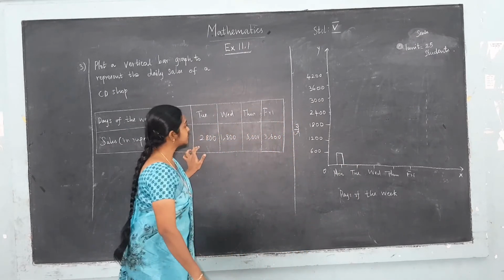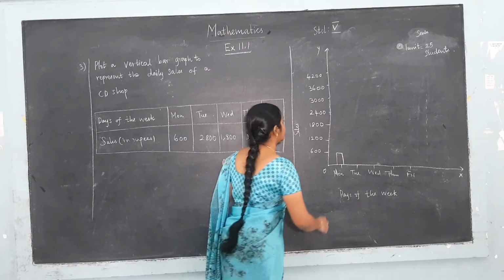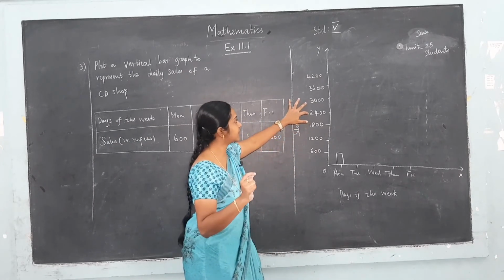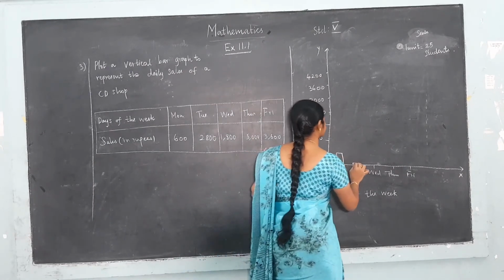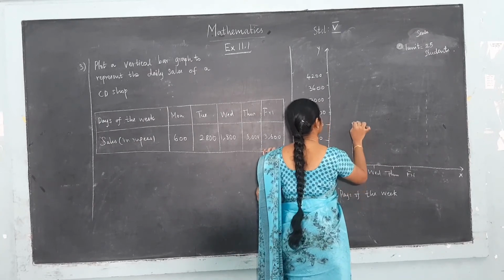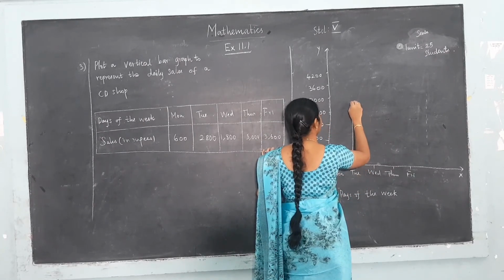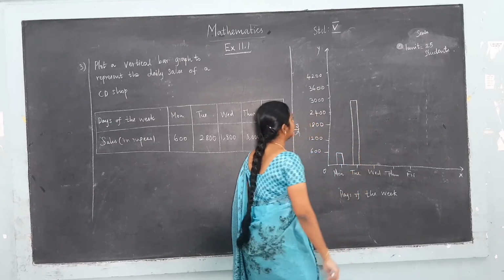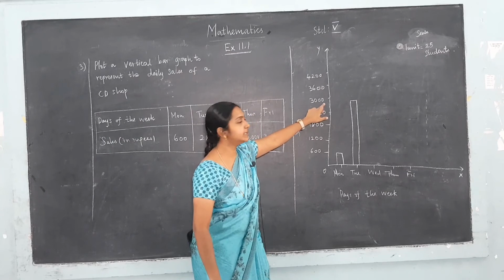Next for Tuesday it is 2800. 2800 will be in between 2400 and 3000. Here in between there will be a middle line.